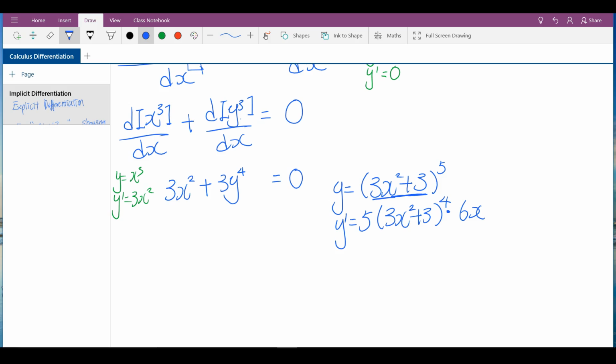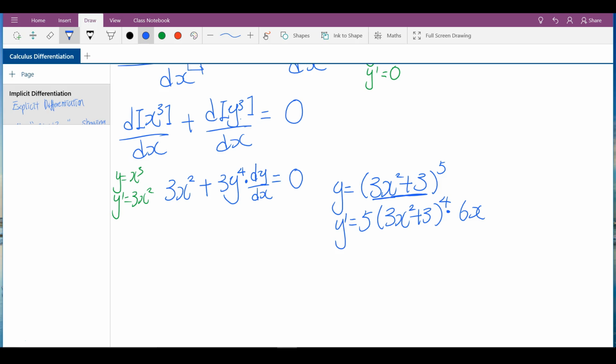Now, since I said that the y is just the same as the brackets here, or whatever we got inside the brackets, the derivative of that thing, of y, isn't that just dy dx? Because y is a function of x, or y is the same as the brackets.